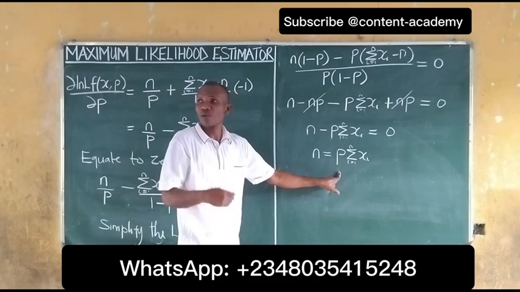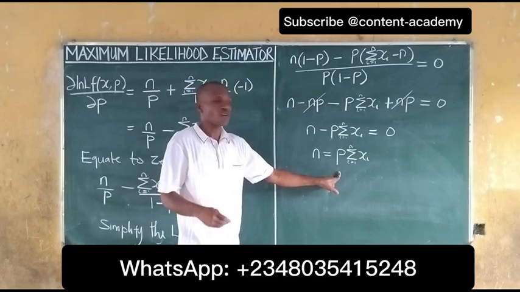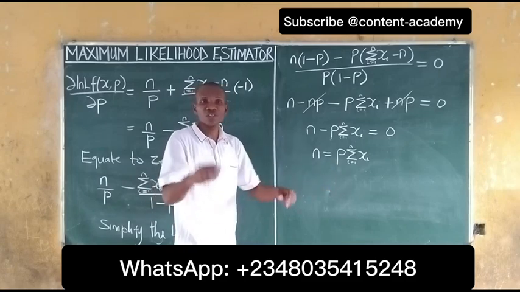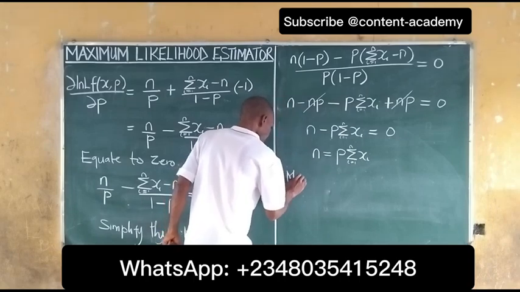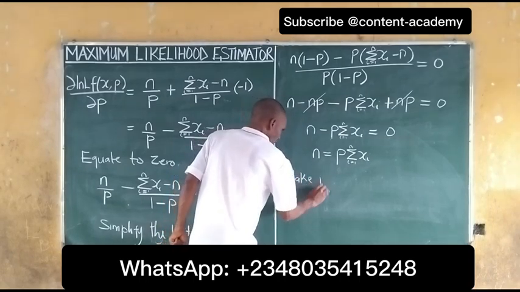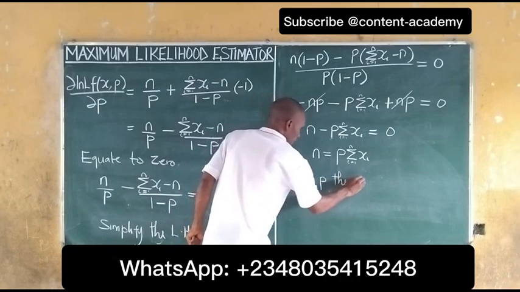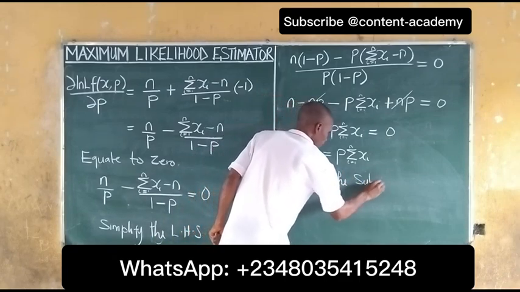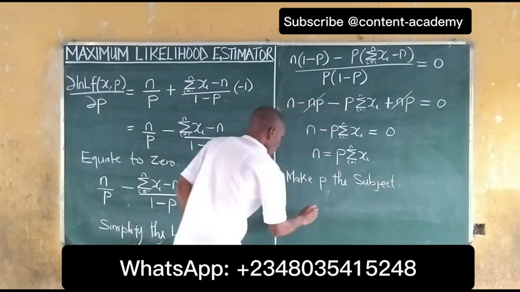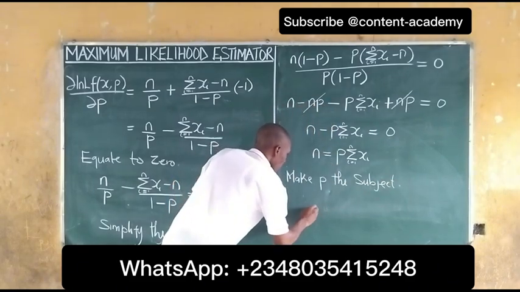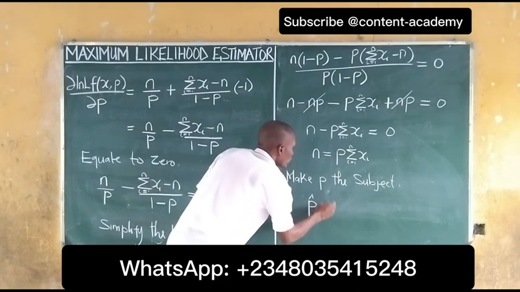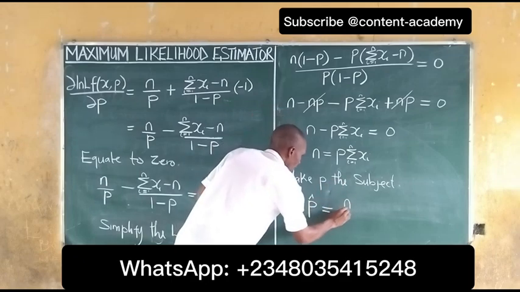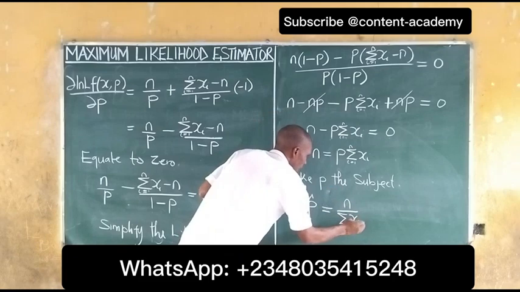It becomes the maximum likelihood estimator for the geometric distribution. So we say make p the subject. So that becomes our p estimate, which will be equal to n all over summation of xi.